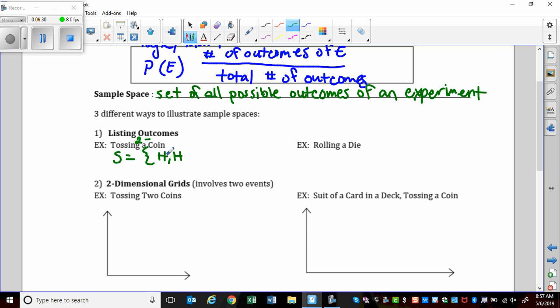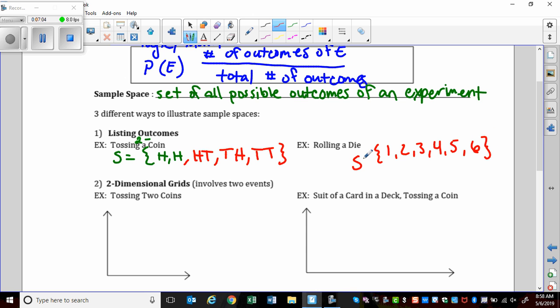I can have a heads and tails. I can have a tails and heads. And I can have a tails and tails. This is my sample space. If I am rolling a die, I can have a 1, a 2, a 3, a 4, a 5, or a 6. This is my sample space.